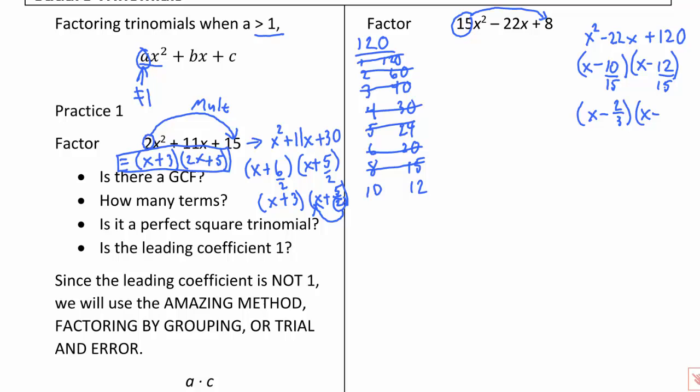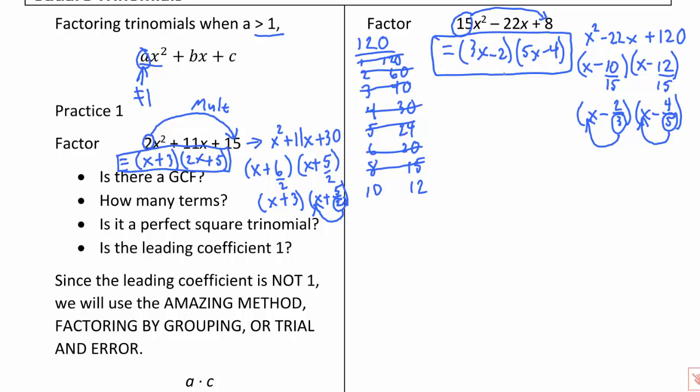And 12 divided by 15, divide them both by 3, that gives me 4/5. Okay. Now, anytime you have a denominator, the bottom comes up in front of the x. So that means that the factorization of the original problem is 3x minus 2 times 5x minus 4. And here's your answer.